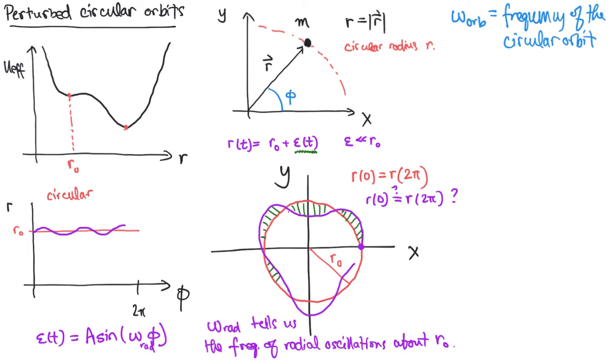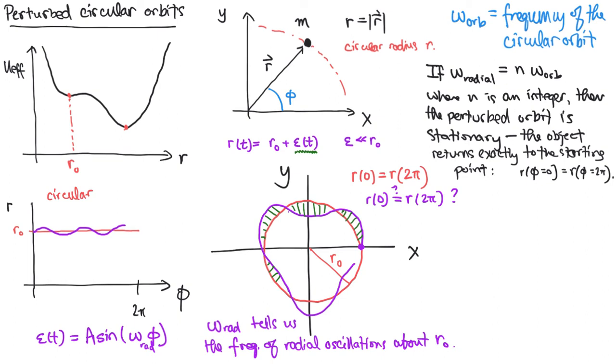Okay. So if you can fit an integer multiple of purple cycles for every orbit, then that means the purple curve will close on itself, and the end point will equal the starting point. You'll come right back to this point.